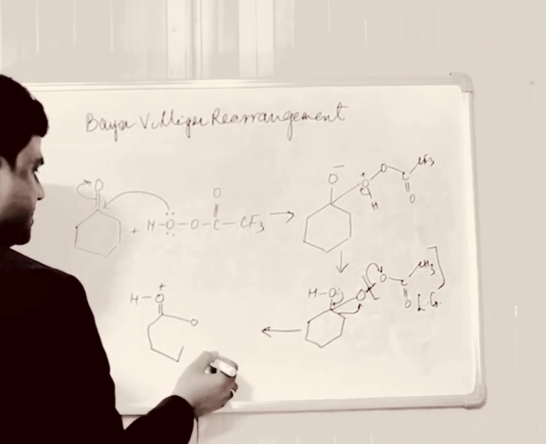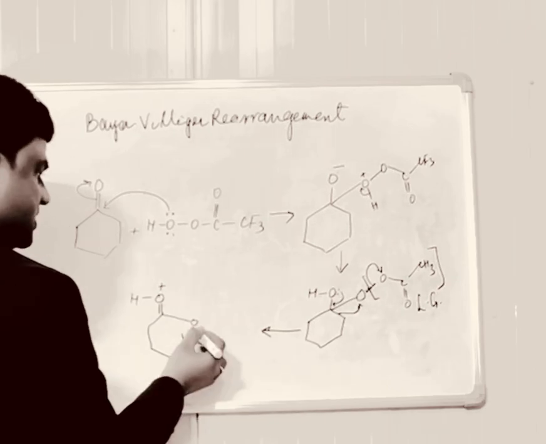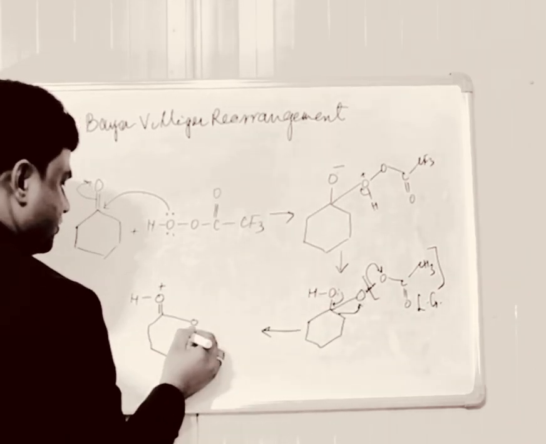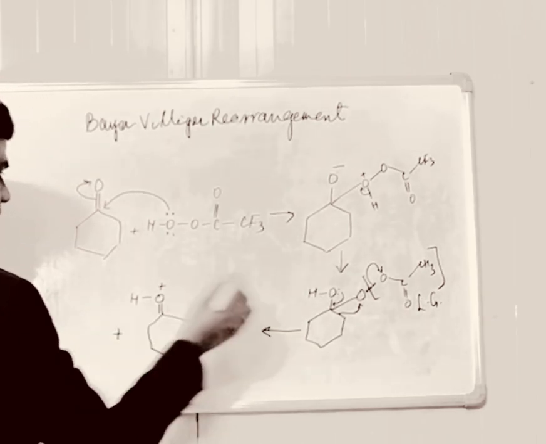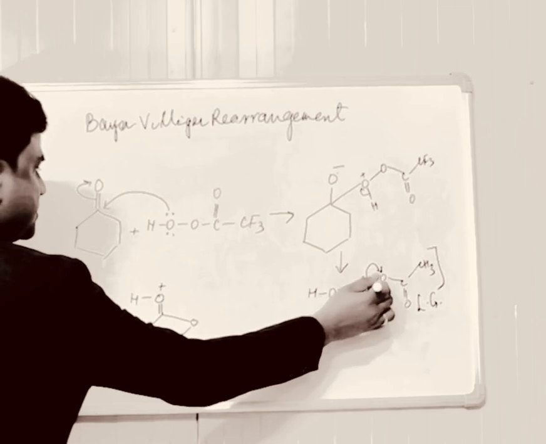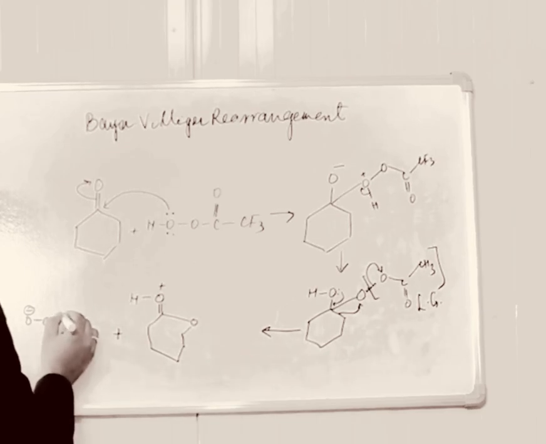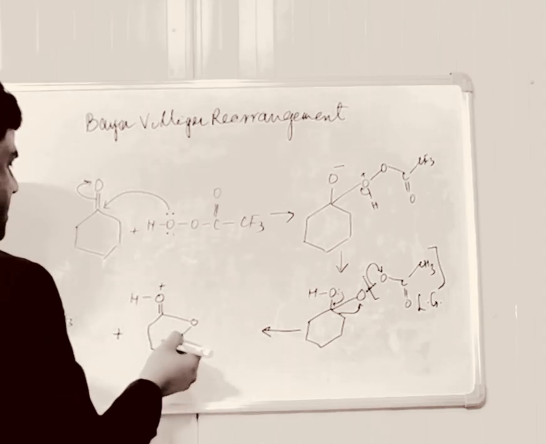And since this bond is shifted to here, therefore this goes to here, and this bond breaks, therefore O minus, CO and CF3, and this one is the product.